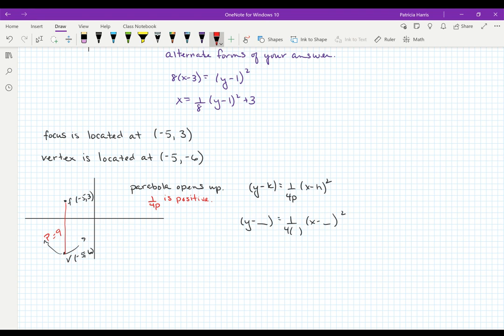Vertex, remember down goes with the y. So negative 6 and negative 5 and 9. Let's make it look pretty. Again, you can rewrite this in the alternate forms, but there's my answer.